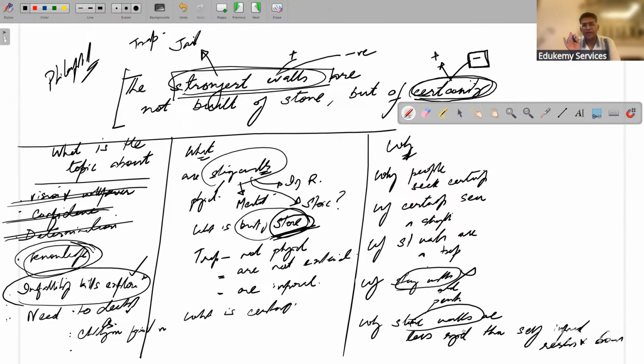Stone walls are those which are imposed physically. हम बोलेंगे वो तो उसको आप पार कर सकते हो. What you can't cross is the walls you make in your mind about your certainty. वो वाला भाई उठाएंगे.